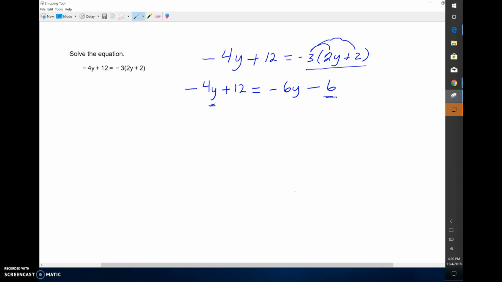So what I'm going to do first is I'm going to go ahead and add 6y to 4y. And you notice negative 6y plus 6y will be 0.